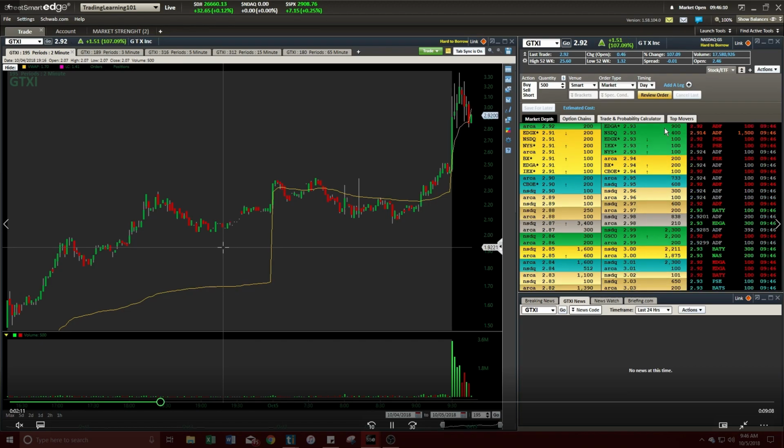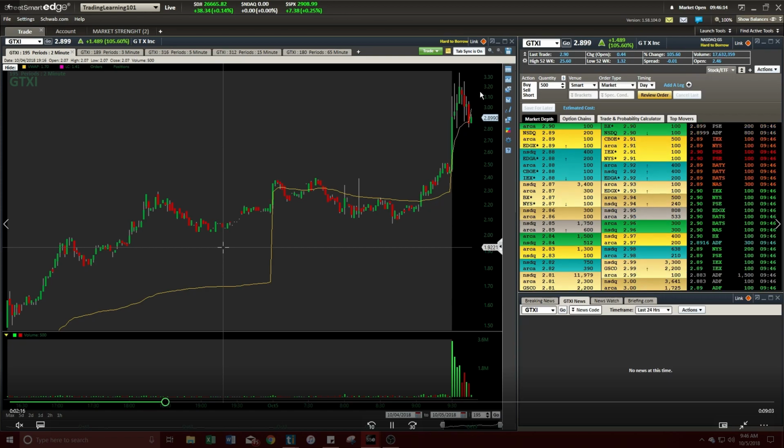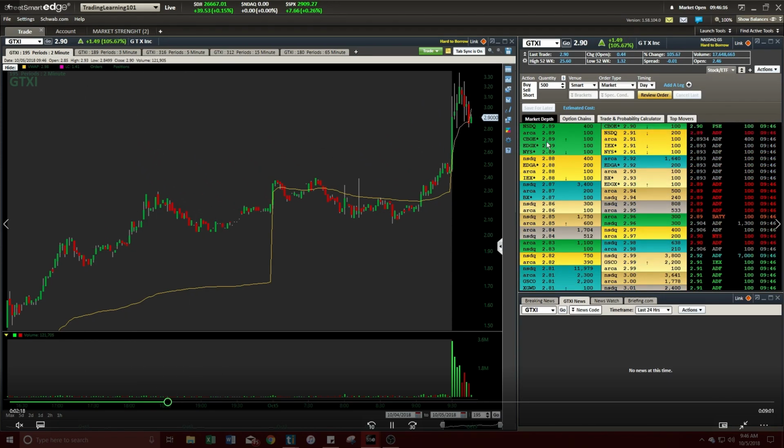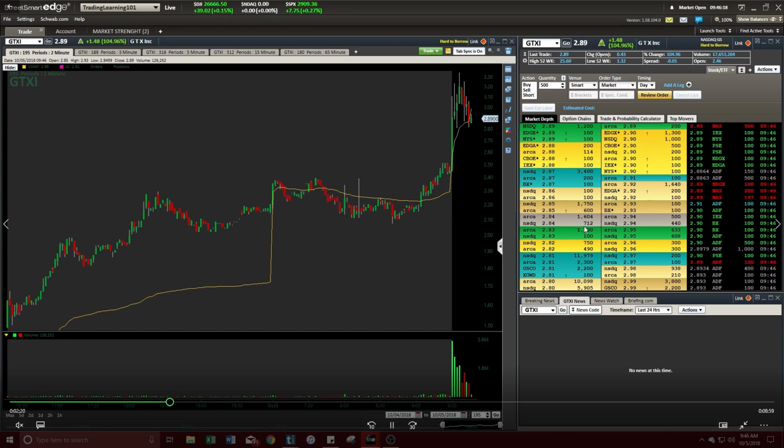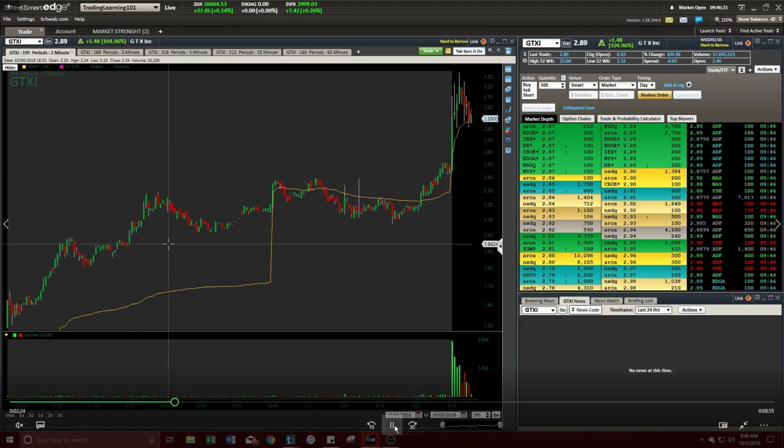Then we just had big sellers here get taken out real fast, and you've seen how this moved up a little bit, but I want to see prices stabilize on the bid. Real quick.